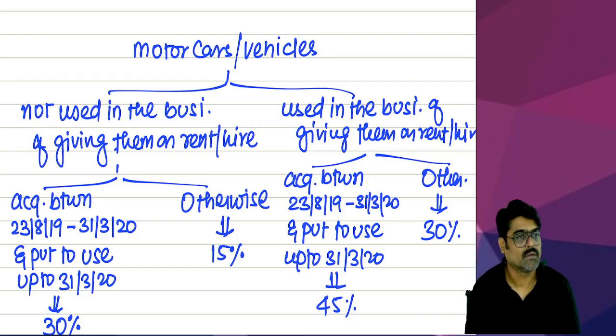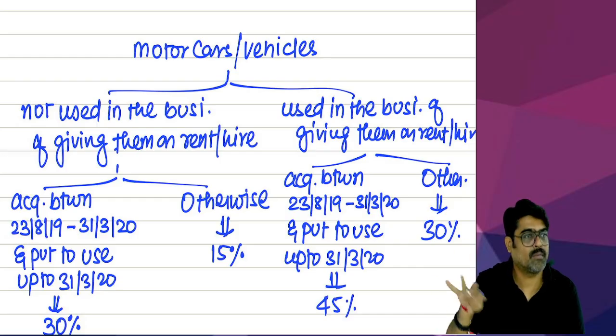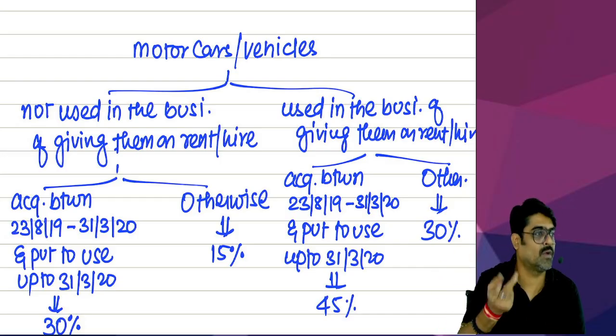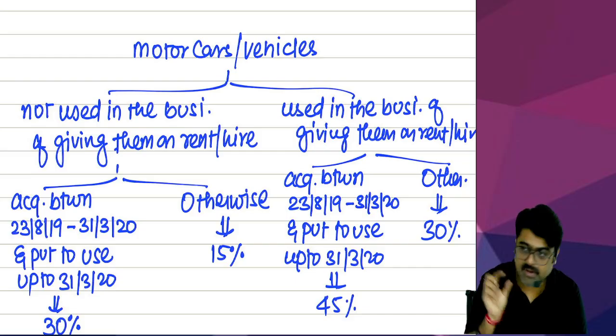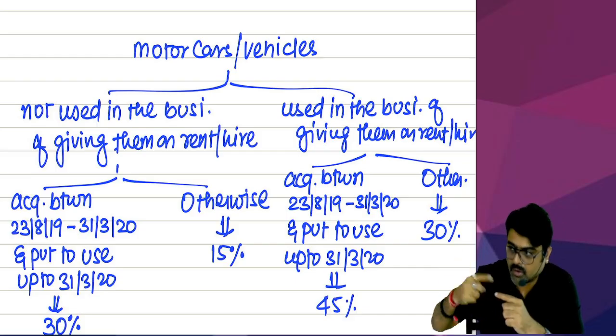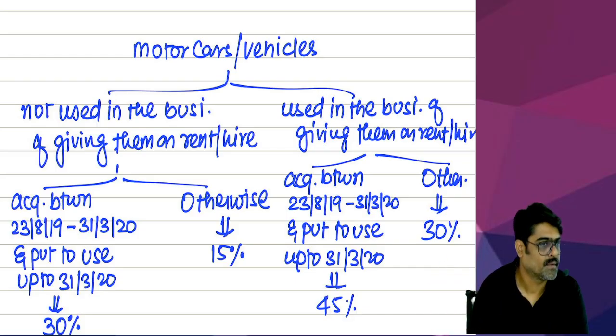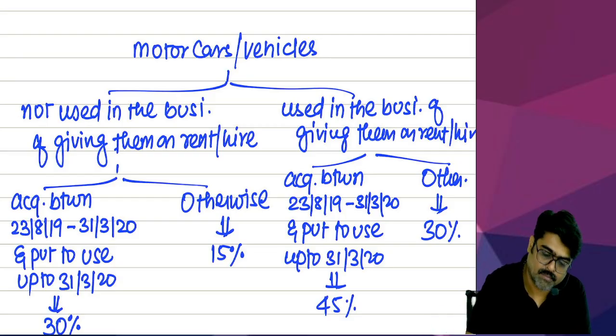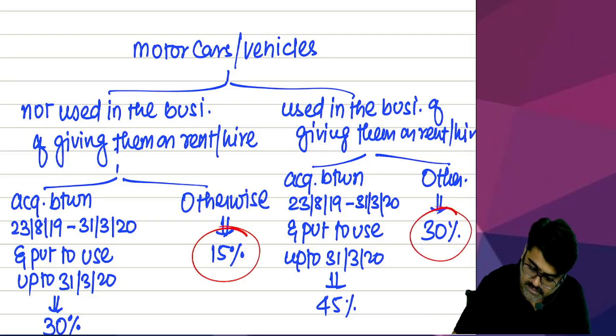That's it. Understanding? Will you remember this? So how many blocks are there? 4. Earlier there were only 2 blocks, but because of the specific dates, now 2 more blocks have been added. So which rates are you going to remember? This and this.